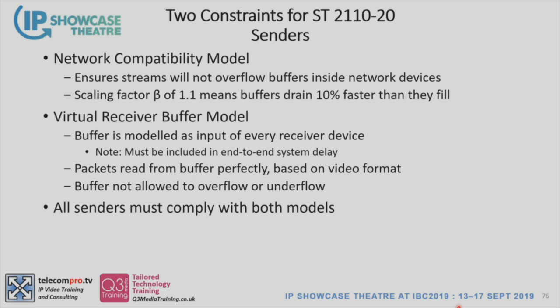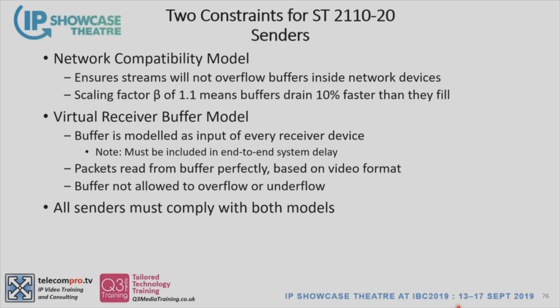And there's two models you have to comply with. The first one is network compatibility. This is designed to ensure that we don't overflow the buffers that are inside the network equipment. So here we use a drain rate that's roughly 10% faster than our video rate. That makes sure that our buffers are constantly getting cleaned out inside our network equipment. The other thing that we have is a virtual receiver buffer model.